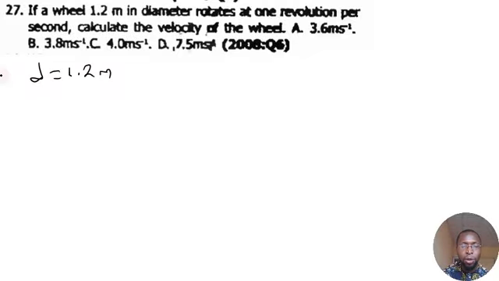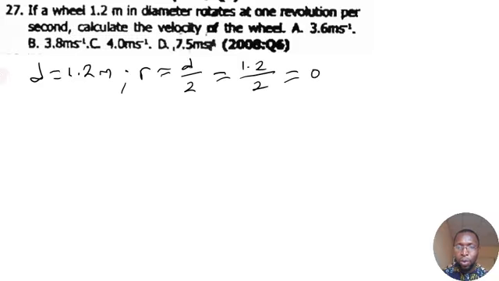Remember that radius and diameter are related, so radius is equal to diameter over 2. Take note of that. So our diameter is 1.2 over 2, so our radius will now be 0.6 meters, right?